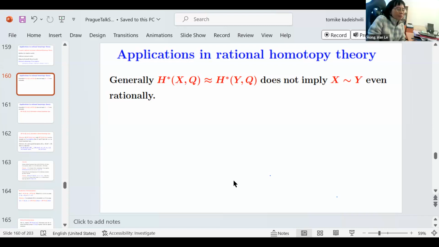Do you consider such a curved A-infinity or C-infinity algebra? Curved infinity structure.